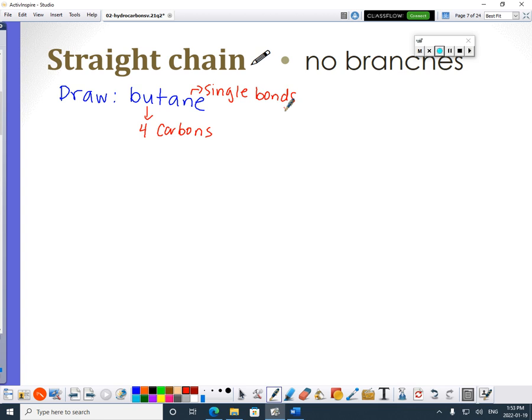So how many carbons are there? There's 4, and they're single bonded to each other. Sometimes students actually like drawing better than naming, because you can kind of decide how you want your molecules to look. So but is 4. You have to make them connected to each other. That's the single bond part.